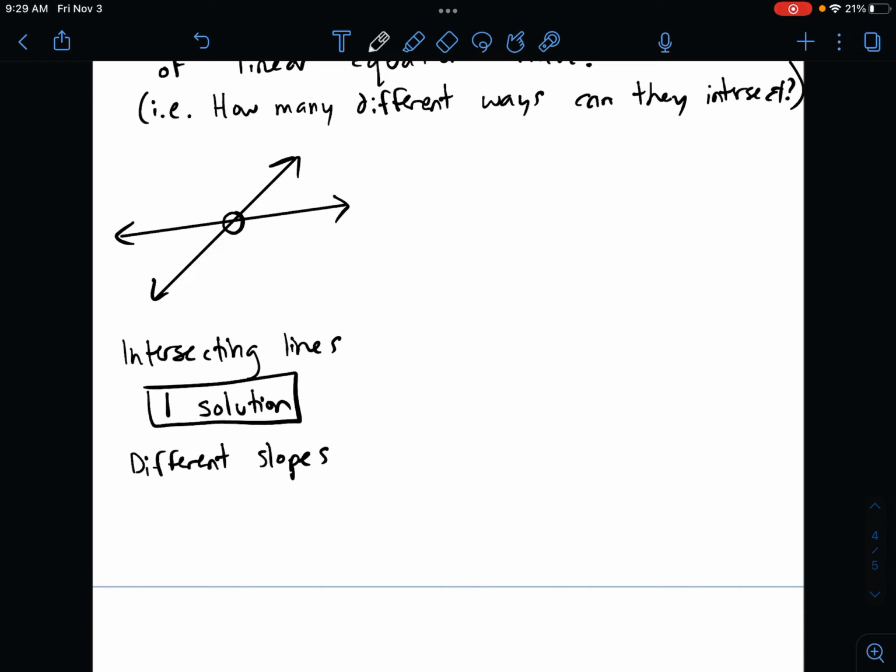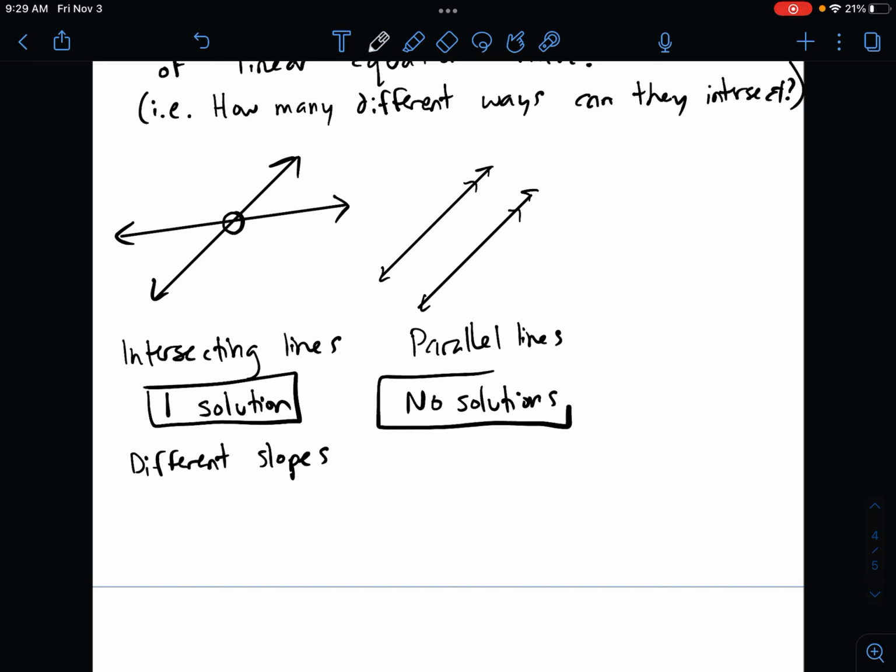Another way we could draw 2 lines in the coordinate plane is if we draw 2 lines that are parallel to each other. You remember from geometry that we draw these little arrows on the lines to show that they're parallel. So if I have parallel lines, we know that there are actually going to be no solutions, all right? There's no solutions because these lines never intersect, so there's no point that they both have in common.